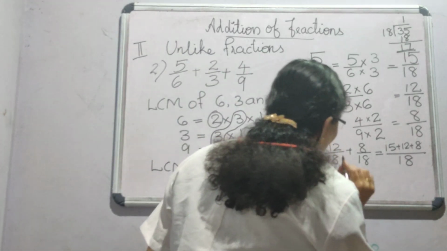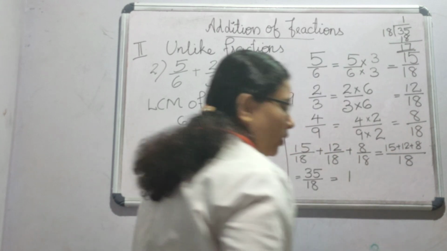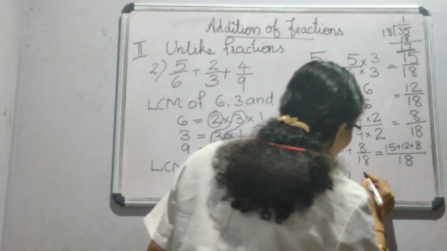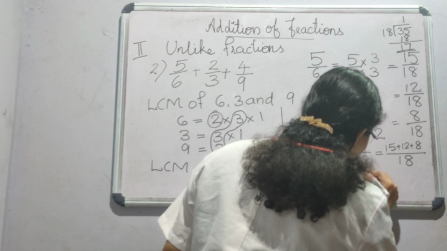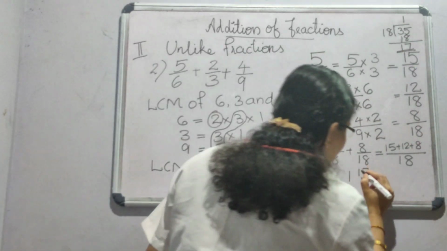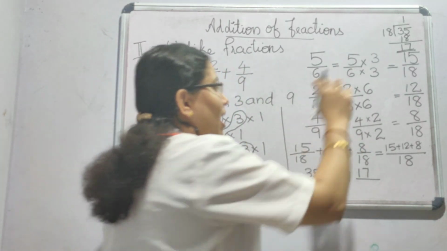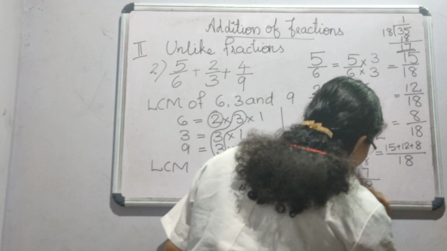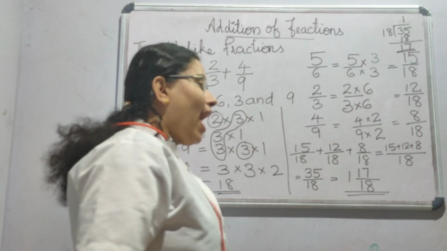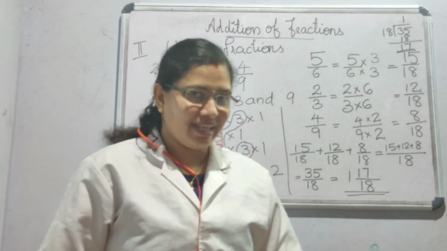So we have to write the quotient first. The quotient is written as the whole number part, and the remainder must be written as the numerator of the fraction part and the denominator must be written as it is. So I'll be getting the answer as 1 17 by 18.